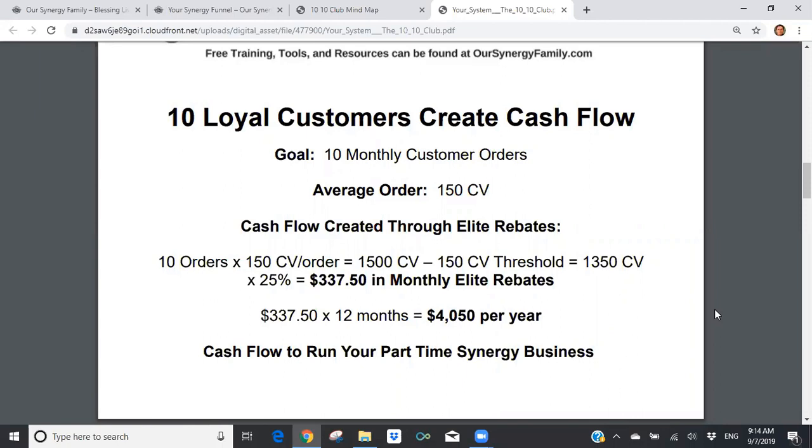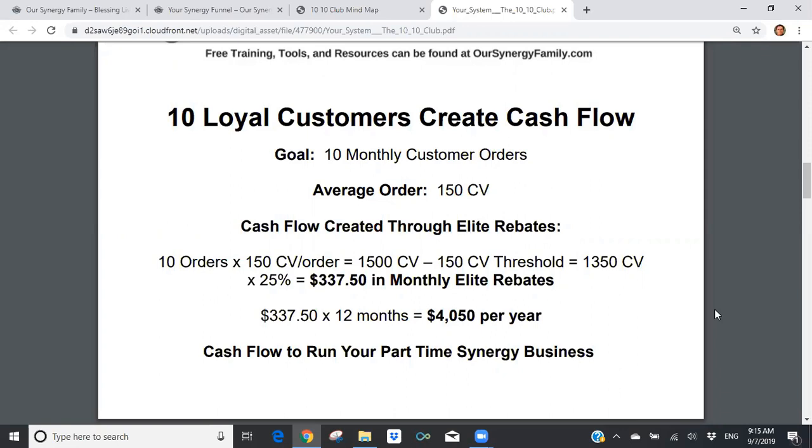So if I take 7,000, back out my 150, multiply 6,850 times 0.25. So I created just slightly over $1,700 in cash flow through my customer base that I've built over time.